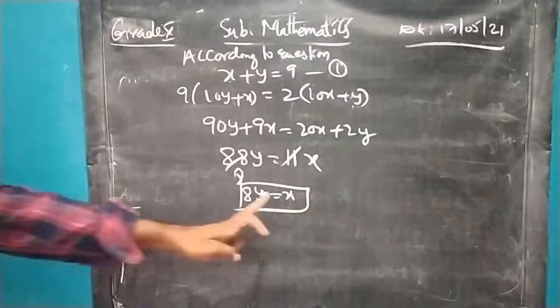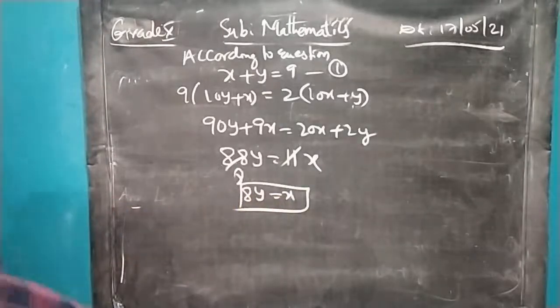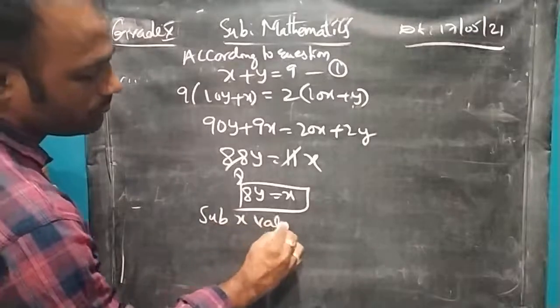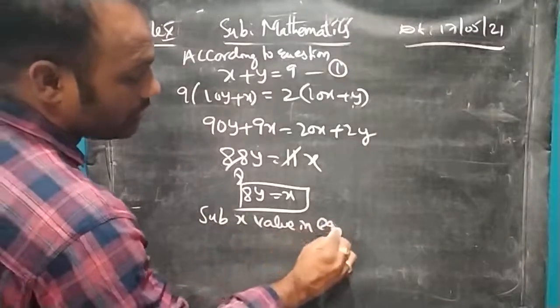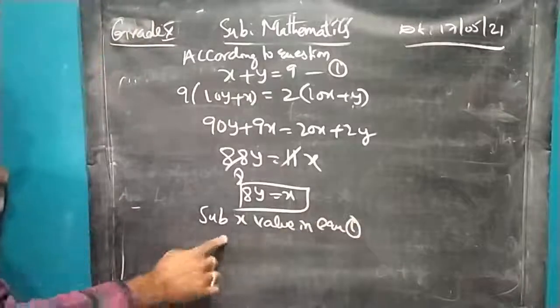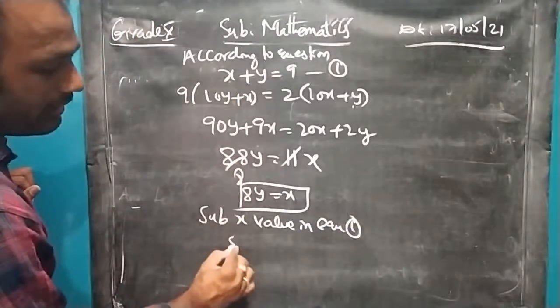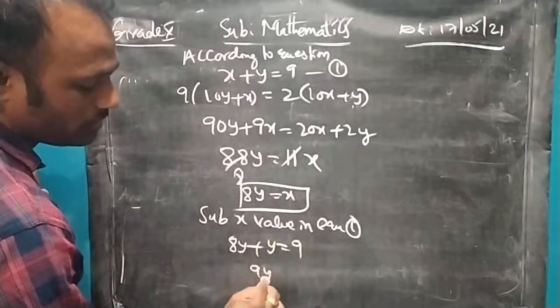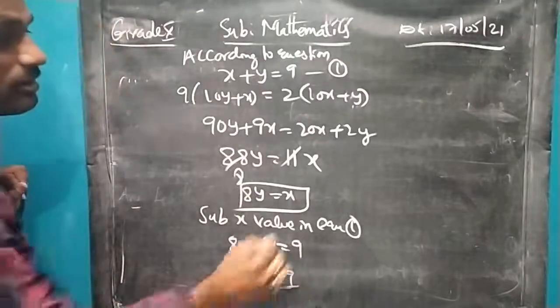So in place of x, we can substitute 8y. So substitute the x value in equation 1: 8y plus y is equal to 9. So 9y is equal to 9.